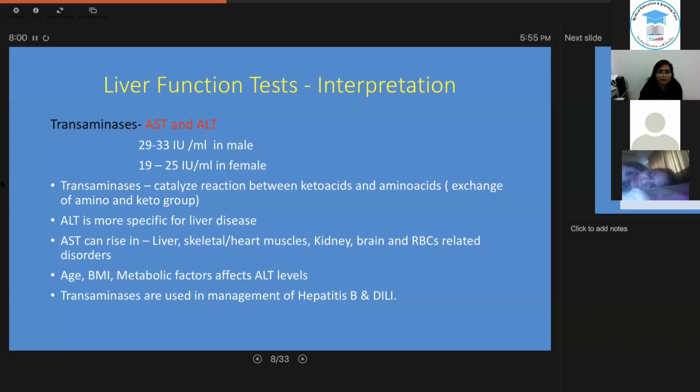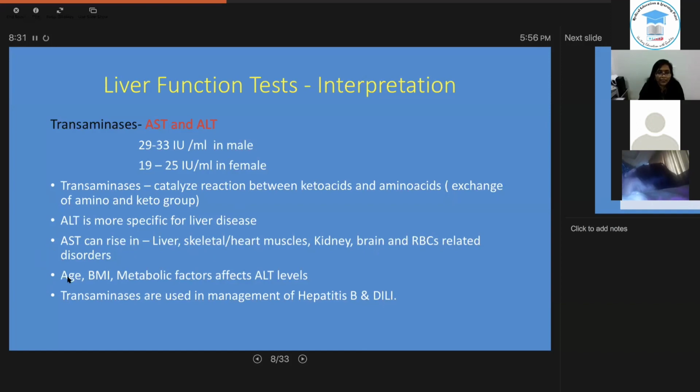These transaminases catalyze the reaction between keto acids and amino acids, so there is exchange of amino and keto groups. ALT is more specific for liver, and AST can rise in so many other conditions also, like liver, muscles, maybe skeletal or cardiac muscles, kidney diseases, brain diseases, or RBC related disorders.